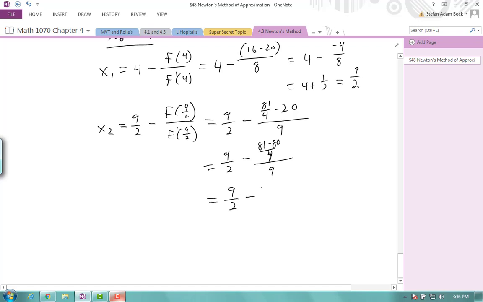Fractions are the best. This is now 1 over 36, which is not very far away from 9/2, let me tell you. If I tried to make this one fraction, though, I'd need 9 times 18, and that's 162 over 36 minus 1 over 36, which is terrible. 161 over 36.